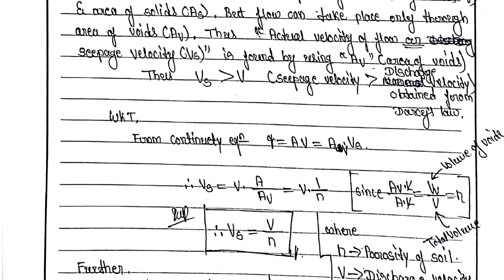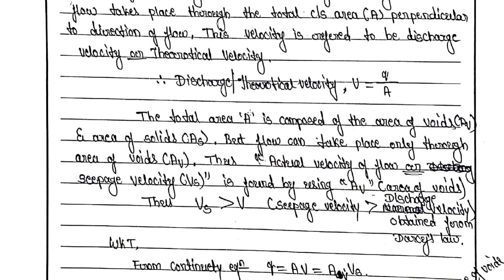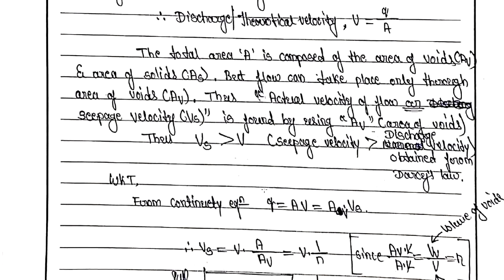So you can see Q is equal to A into V, that is regular cross-sectional area into velocity, which should be equal to, as the total flow in any case, it might be seepage velocity or discharge velocity. In both the cases velocity may vary, but total flow, that is discharge, should be same.